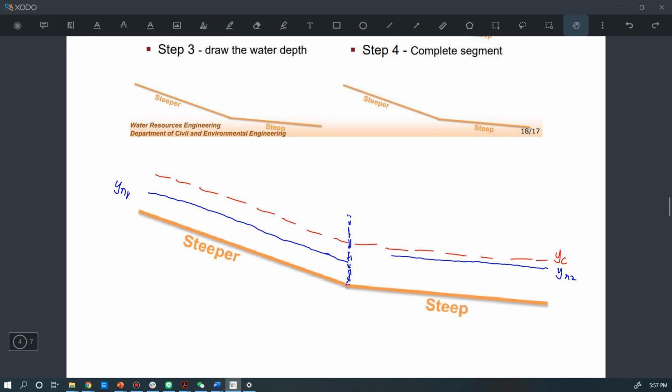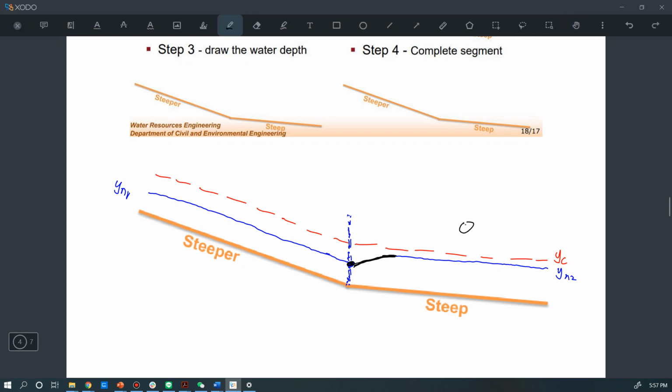So we will have a curve start from here. Maybe let me change the color again. Okay, starting from here, slightly increase to the normal depth for the second section in this channel. Okay, and we can number this area.